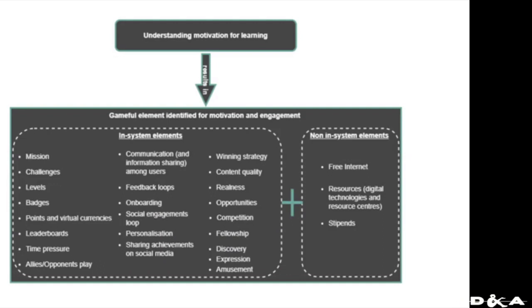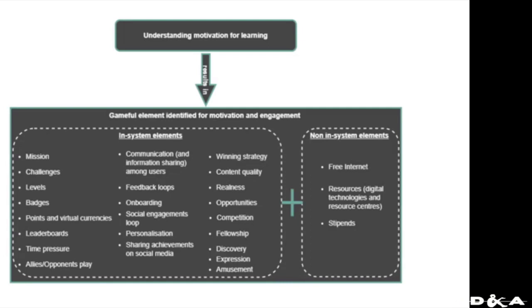So 23 in-game system elements were found after the analysis, which we also carried out with them, because it was very much involved with them. These were missions, challenges, badges, points and virtual currencies, leaderboards, time pressure, allies and opponents play, communication, which means information sharing amongst themselves, feedback loops, onboarding, and so on.